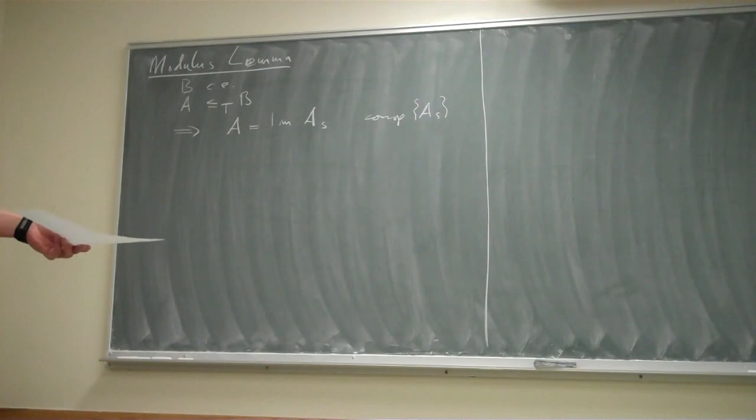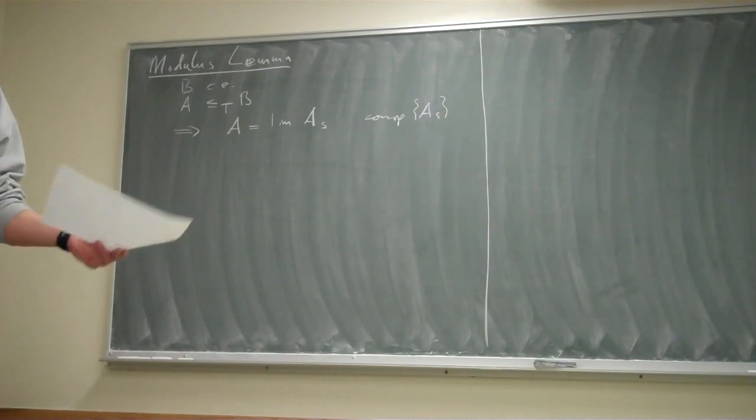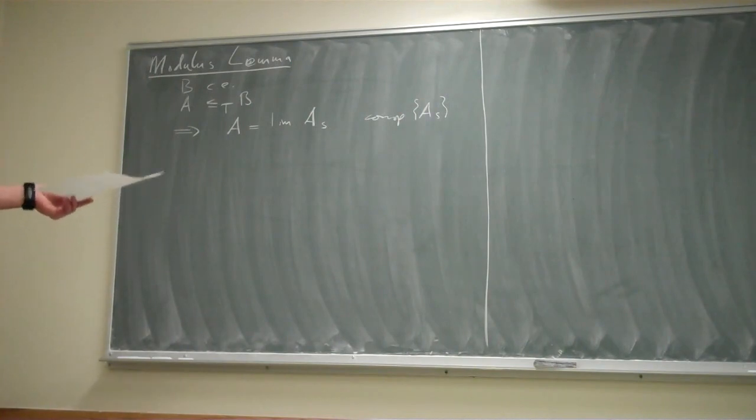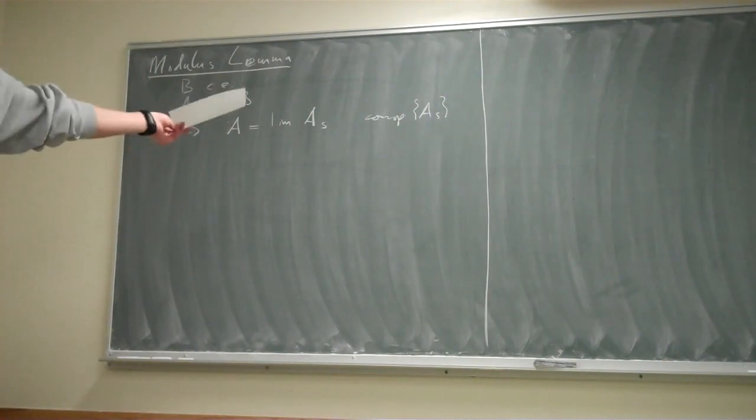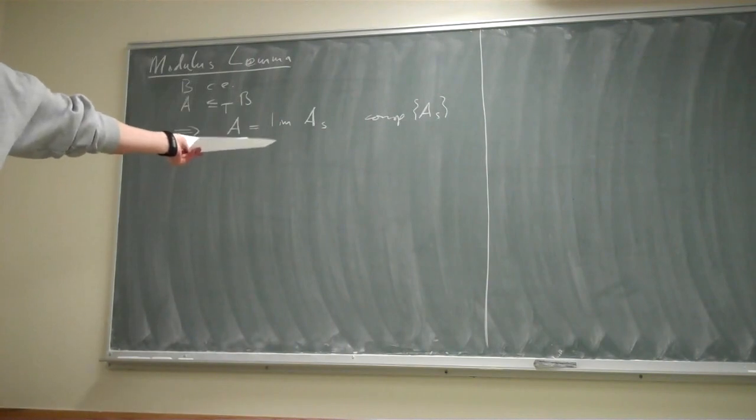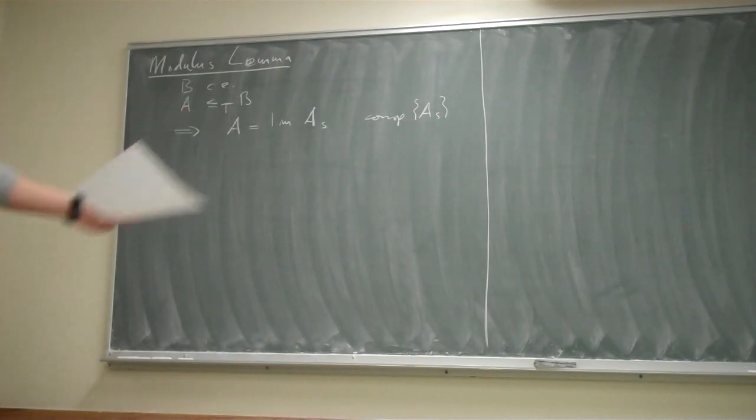Because if you Turing reduce to a CE set, then by transitivity of Turing reduction, you Turing reduce to the halting problem. Therefore, you're delta 2, therefore there exists an approximation A_s like this, such that you're the limit.